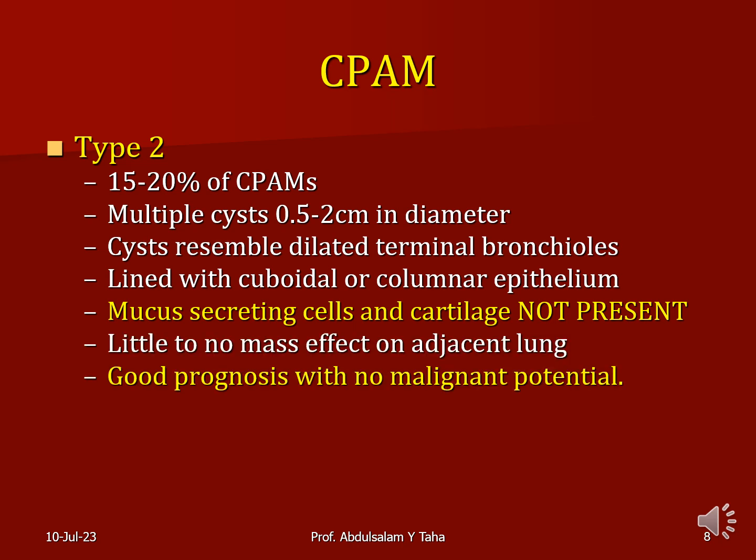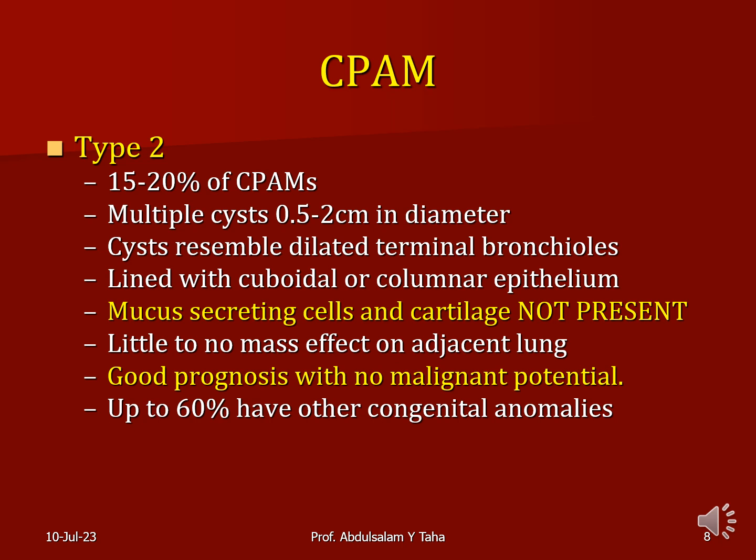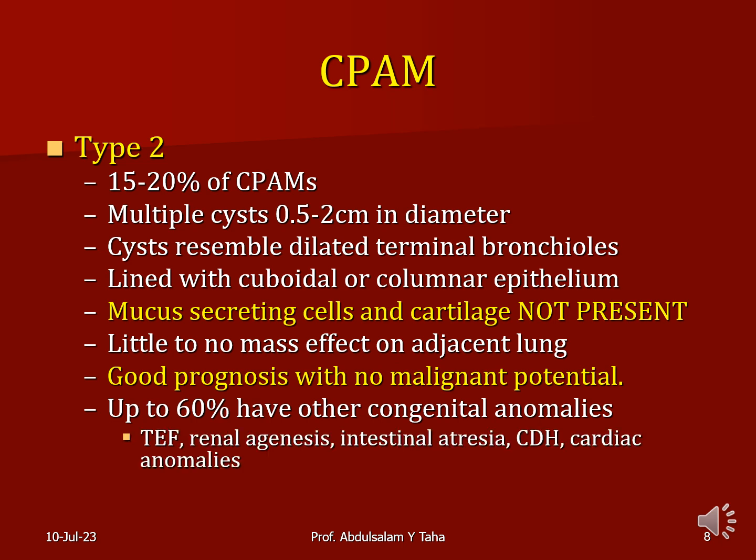There is little to no mass effect on the adjacent lung. The prognosis is good with no malignant potential. Up to 60% of the lesions have other congenital anomalies such as tracheoesophageal fistula, renal agenesis, intestinal atresia, congenital diaphragmatic hernia, and cardiac anomalies.